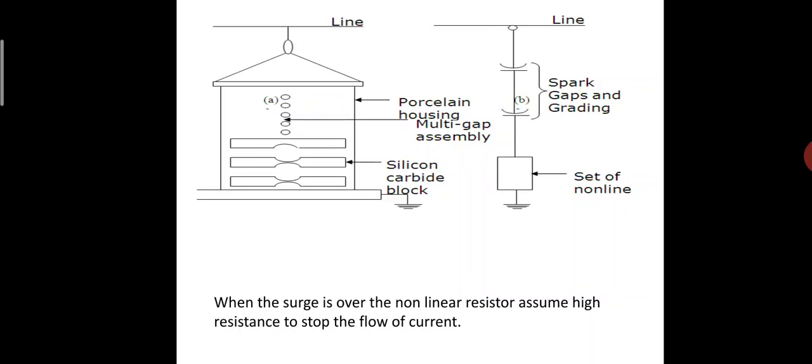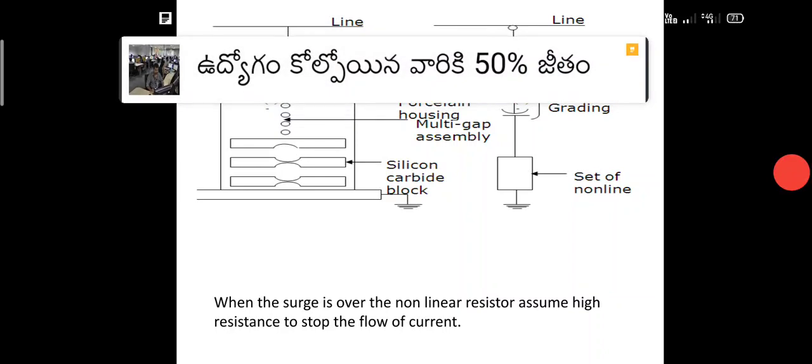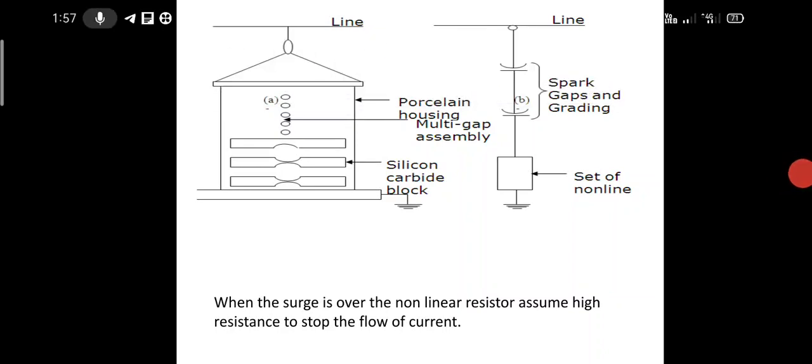This is a typical valve type lightning arrester. When the surge is over, the non-linear resistor assumes high resistance to stop the flow of current.